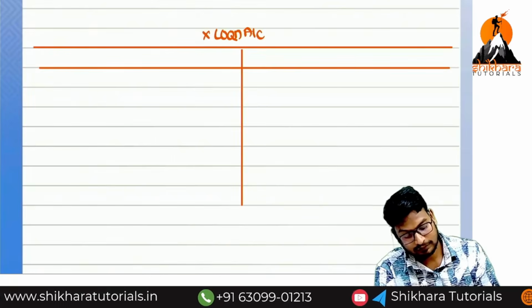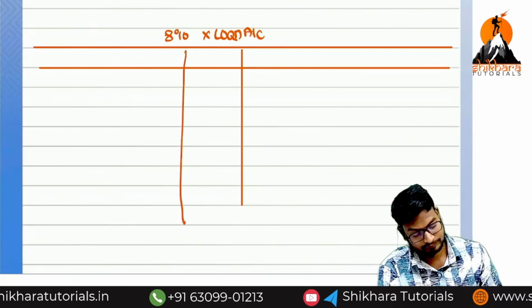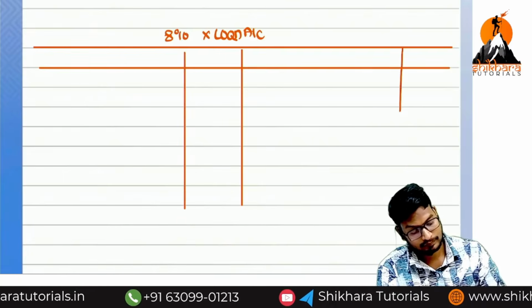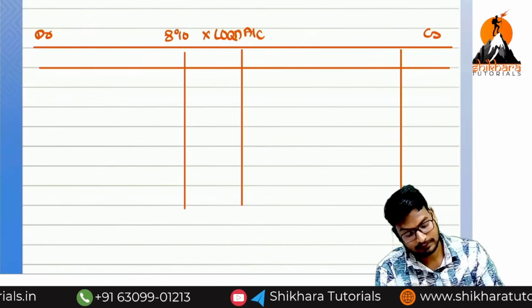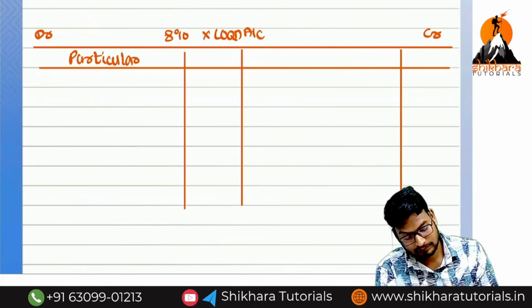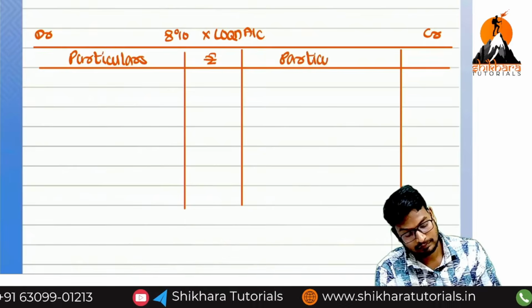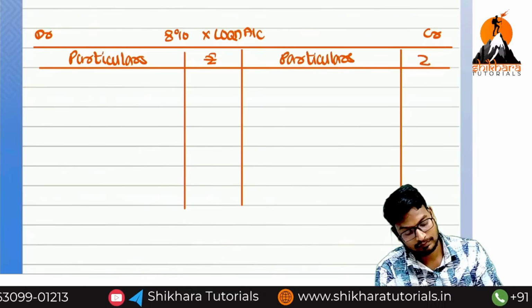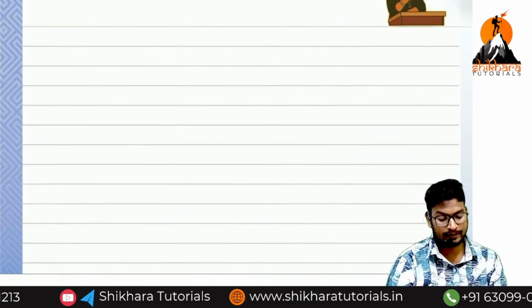What is the interest on the X loan account? 8%. So next, the P&L appropriation account.